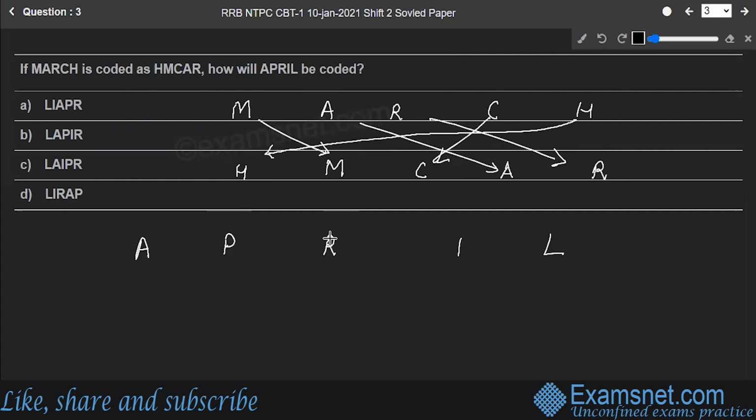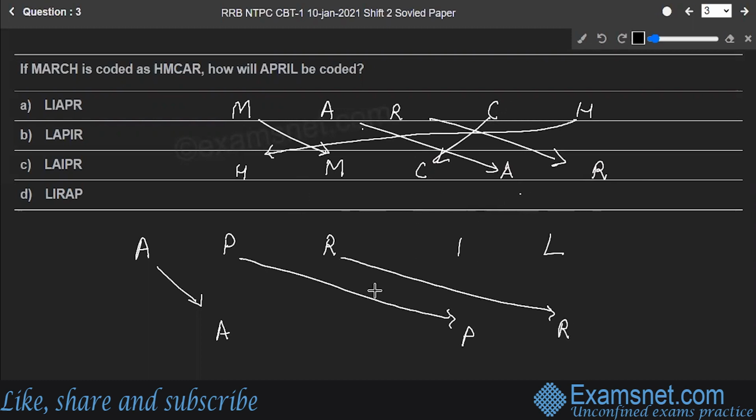First thing, M was shifted to the second place, so A will be shifted to the second place. Then this A was shifted to the last place, so this P will be shifted here. Then R was shifted to the last, and this will be shifted here.